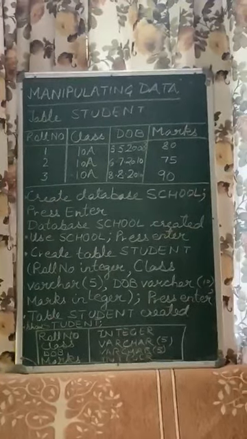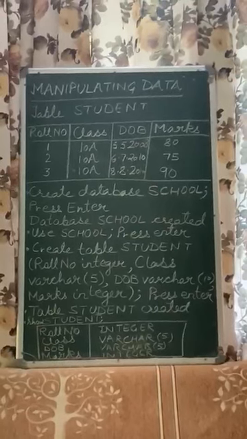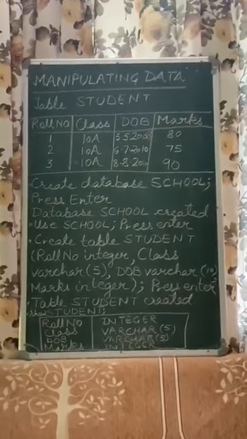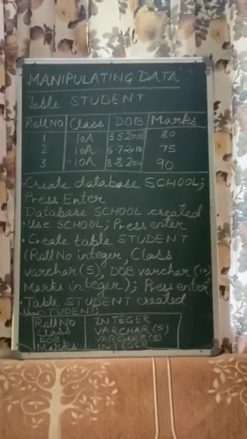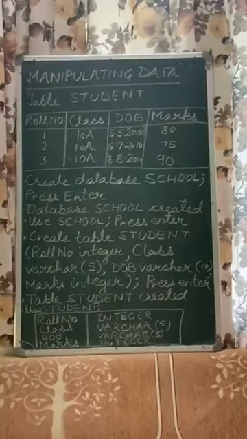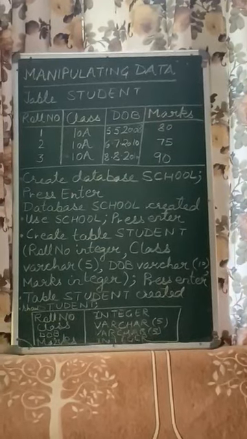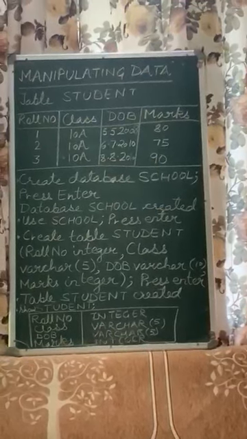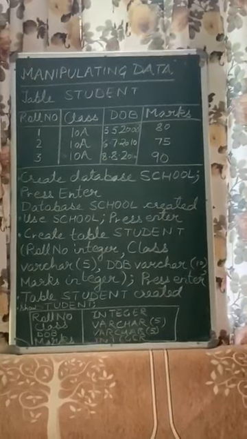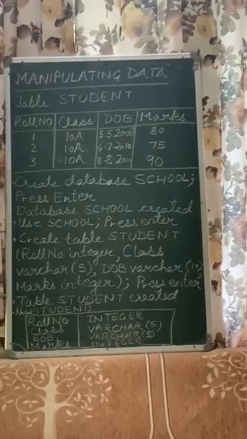I've taken an example of a table student. Suppose in your database you want to create this table student. The fields in the student table are roll number, class, date of birth and marks. Roll number is 1, 2, 3, class is 10A, date of birth is different for different people, and I have written the date of birth in the format 5.5.2008.